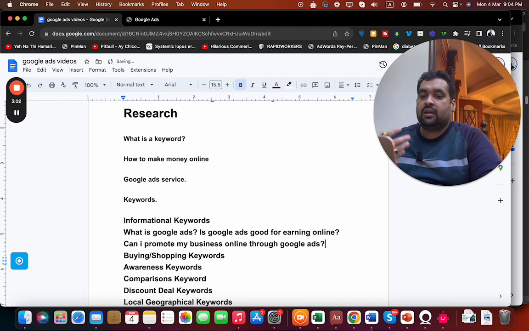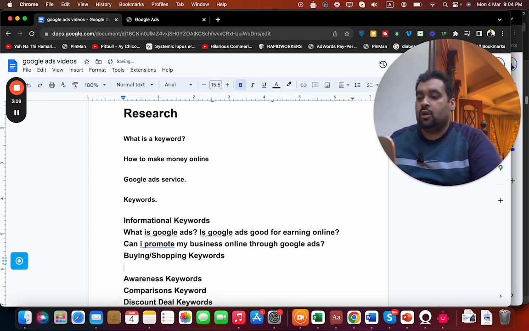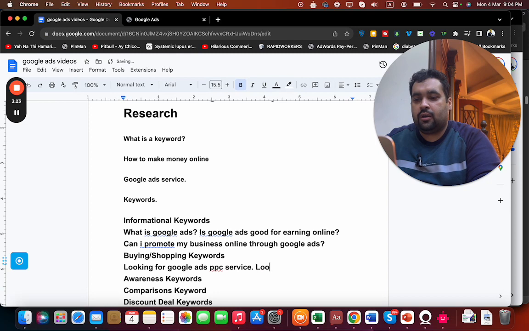Now, these can be informational keywords where people want to know more. The other keywords can be buying or shopping keywords. With buying or shopping keywords, you actually want to buy. Like: I want to buy, looking for Google Ads PPC service, looking for or buy Google Ads management.